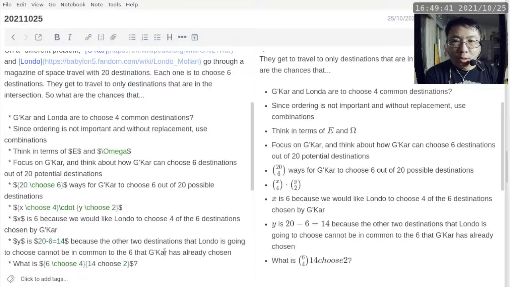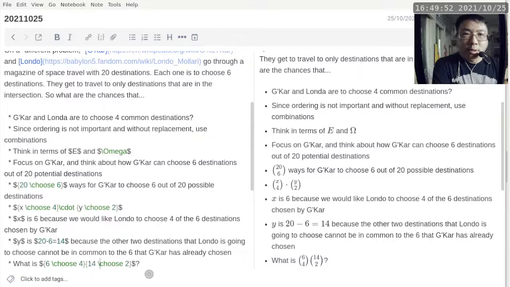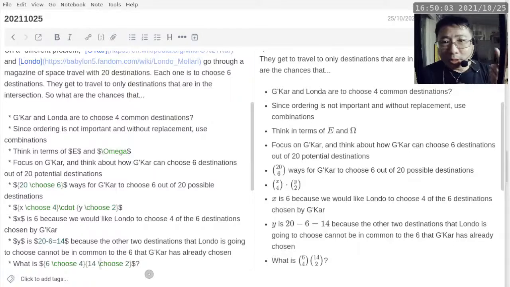Oh, I forgot a backslash. Let me put the backslash here. There we go. So what exactly is that? Remember, we're dealing with cardinality, right? So this is the cardinality of something. And there are only 2 sets that we're interested in, that I have mentioned. One is the event set E, and the other one is omega. So which one do you think this one is?